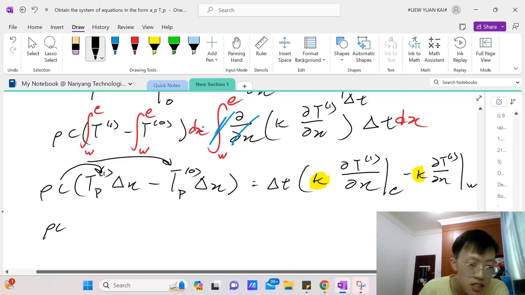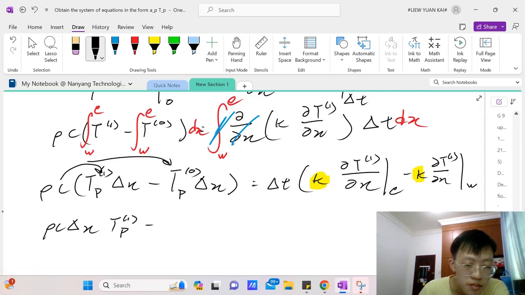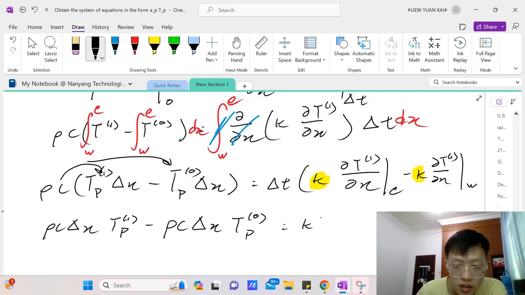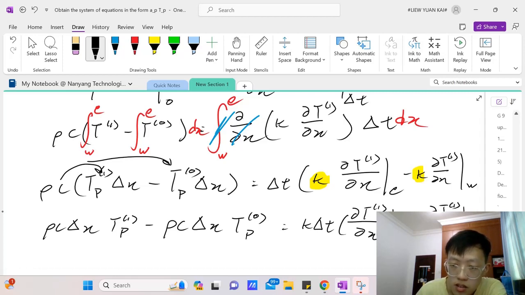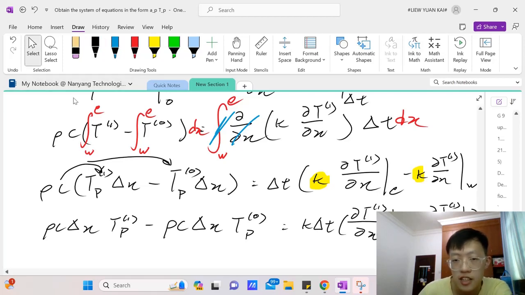So what I'll get is rho c delta x. And this is a bit unnecessary, but in the solution they did this.